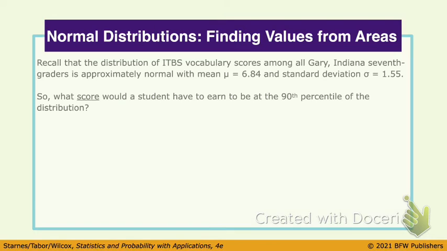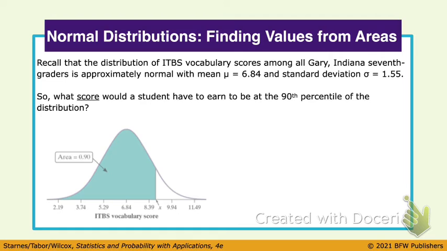So let's do it. We've got this distribution. It's the same distribution as always. We're going to plug in inverse norm. Our area needs to be as a decimal, so 0.9. The mean of this distribution is 6.84. The standard deviation is 1.55.